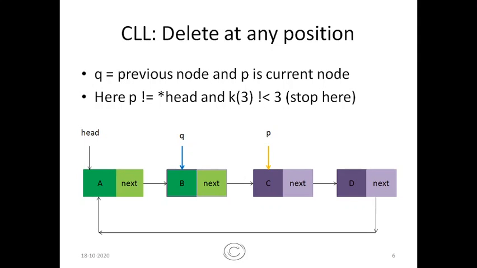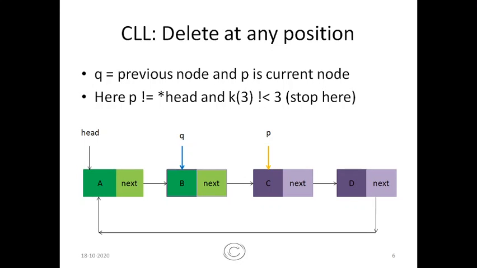Okay, so we have now reached C with P, and Q is also pointing to the previous node B. Now P is at C, that node is going to be deleted. Now the condition in the while loop has been broken, so it will stop here. k is not less than 3 because it is already equal to 3.